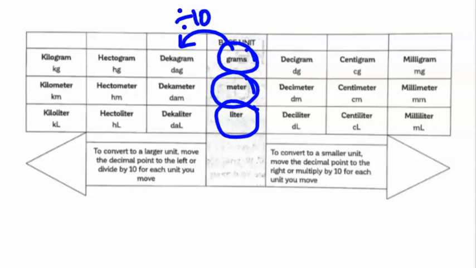It really is just like when we did our powers of 10. So when we are converting from grams to decigrams, then we are multiplying by 10 because it takes more of those units to equal that gram.